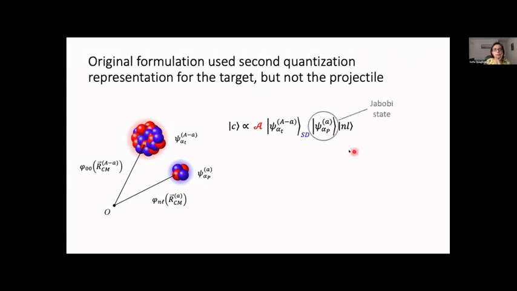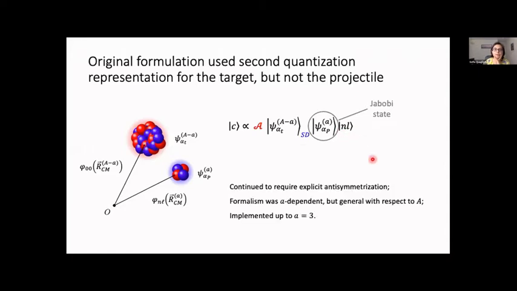But we continue to represent the projectile as Jacobi relative coordinate states, and then we add this additional motion of the center of mass coordinate in an excited harmonic oscillator state. And this was useful. However, there were a few drawbacks.